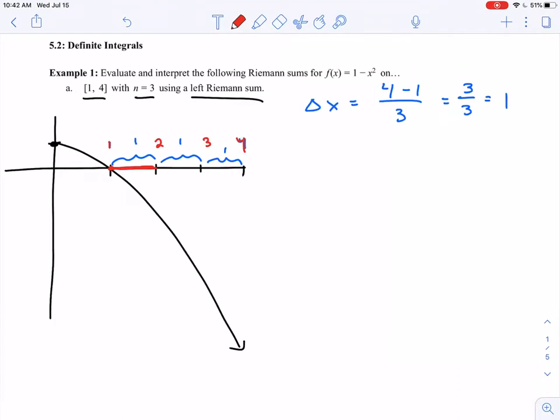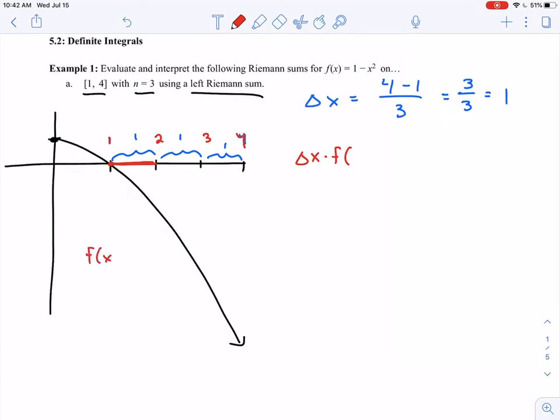Technically, I don't really have a rectangle. I have a line. If you're unsure about that too, we can always say, if I want to calculate the area of that first rectangle, take the width of that rectangle, which is delta x, times the height of my rectangle, which, remember, the function that we're working with here is f of x equals 1 minus x squared. We said we are going to use 1 to determine the height of our rectangle, so delta x times f of 1.